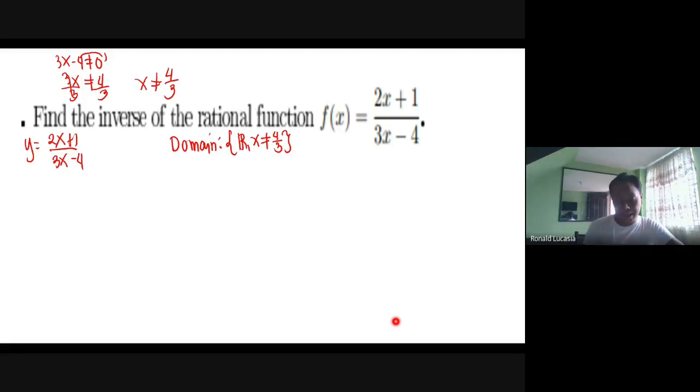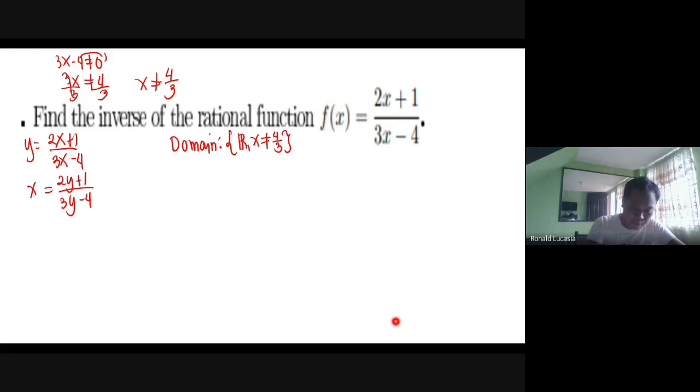The second step now is to interchange the positions of x and y. So y becomes x, 2x becomes 2y, and 3x minus 4 becomes 3y minus 4. And we solve for y in terms of x.